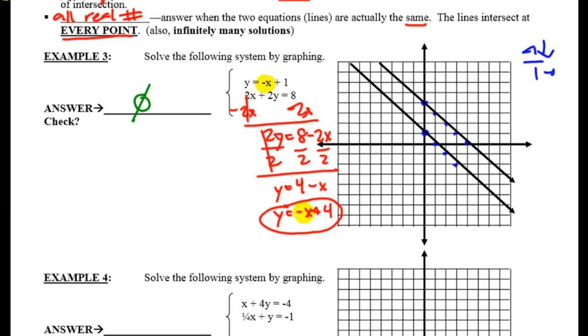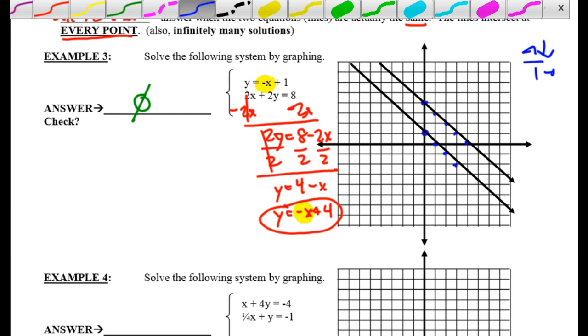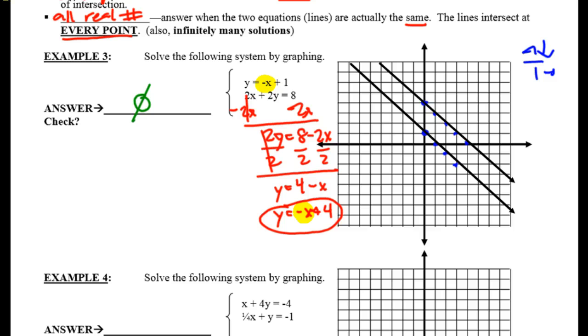And for the check, because there's no answer, nothing we plug in will check it. But just to be sure, I'll take a point, like the easiest point, 0, 0.